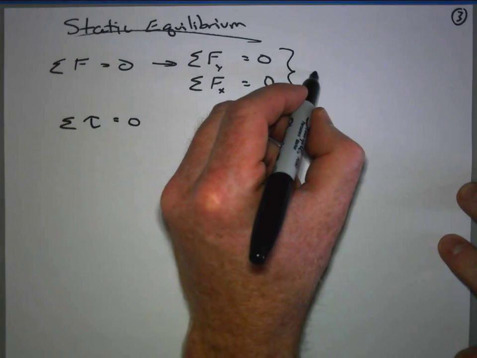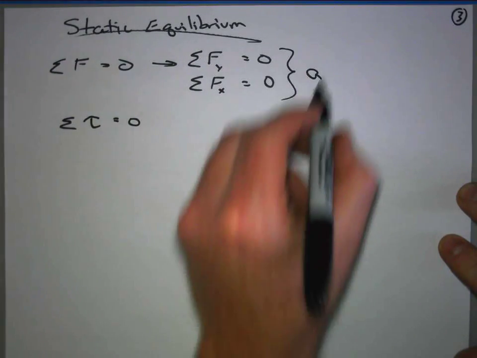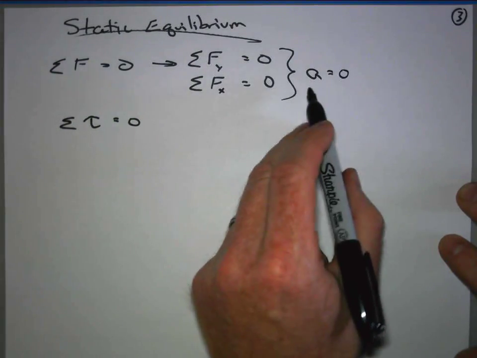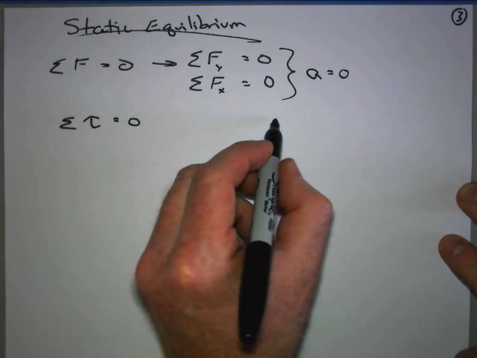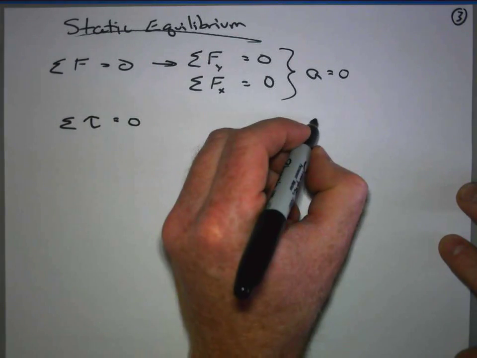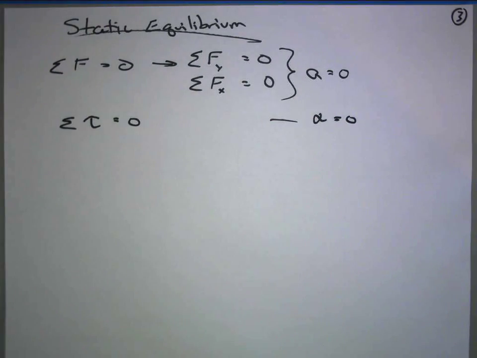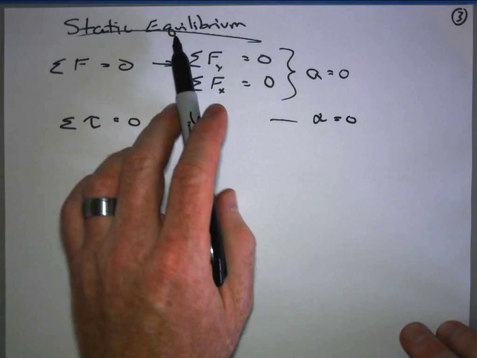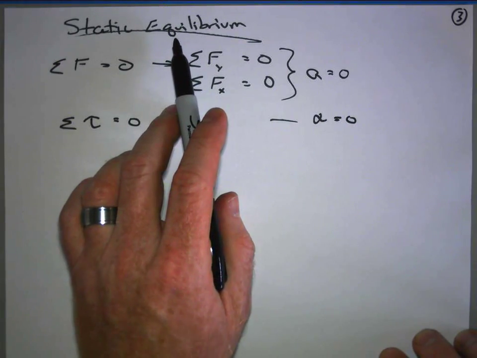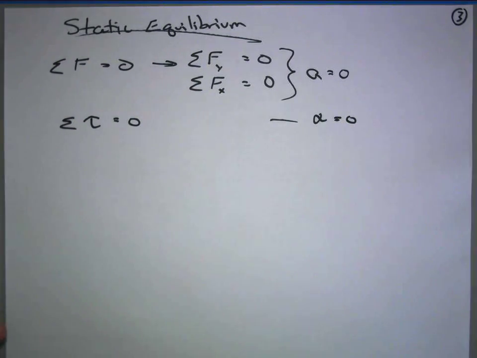With these two, you essentially get acceleration of 0, both in the x and y direction. With this one here, you essentially get angular acceleration equal to 0. And that's good. That's by definition our equilibrium. So we're expanding what we mean with equilibrium to include rotation. Now here's something important.